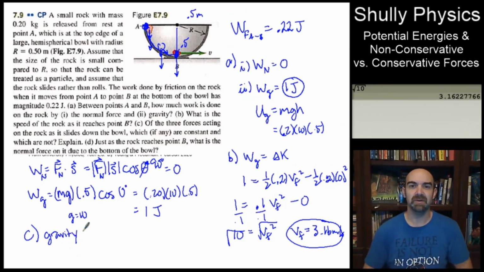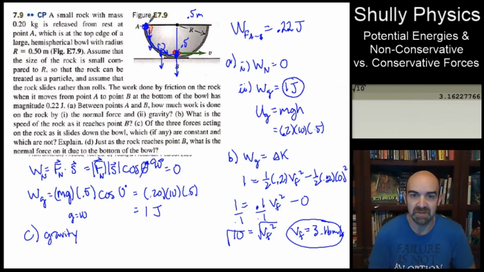What about normal force? At letter A, is the side of the bowl supporting any of the weight? Nope. As it slides down, it's getting faster and faster. It's also changing angle. So the normal force supports more and more of the weight until it gets to B. It's obviously going to change. It's also going to be increasing because normal force points in towards the center of that turn.